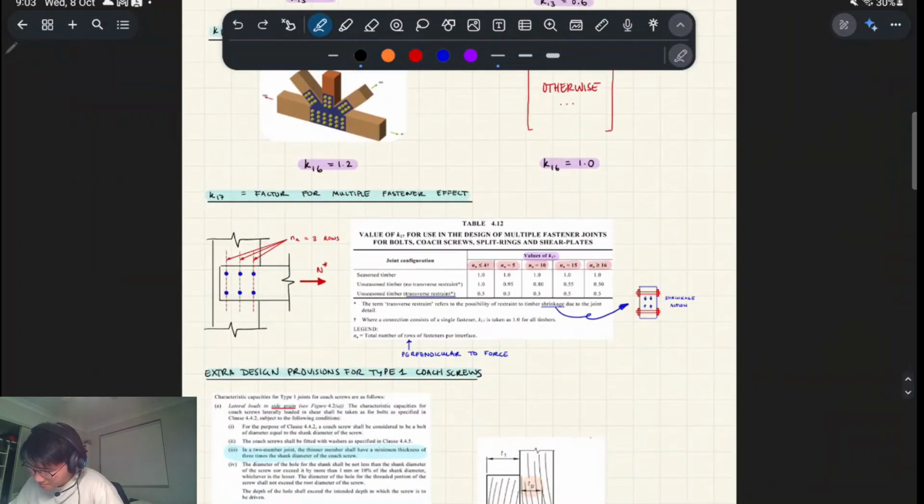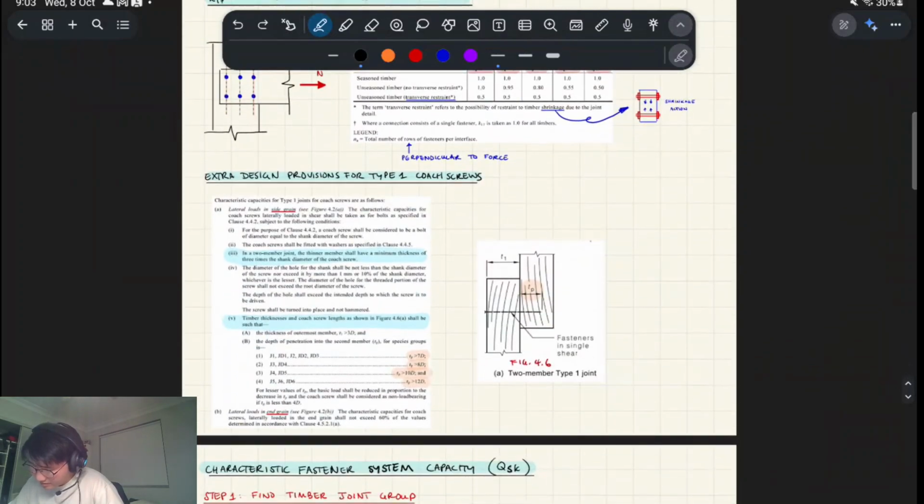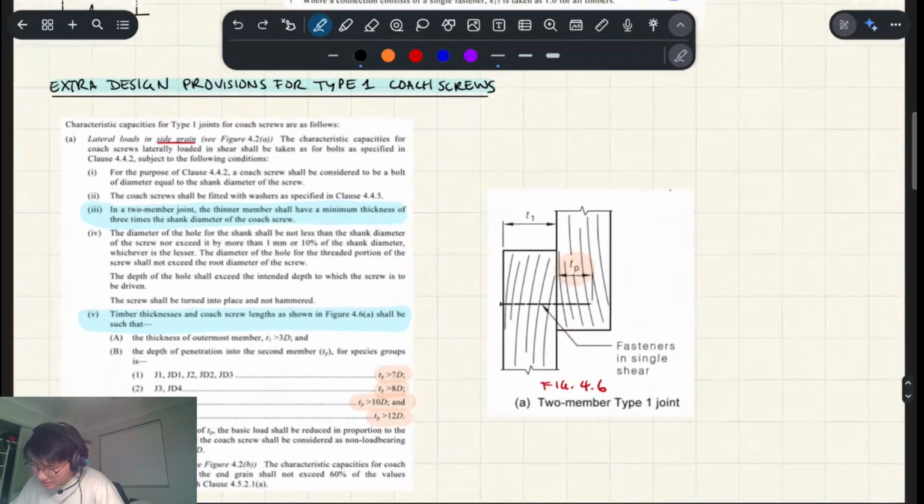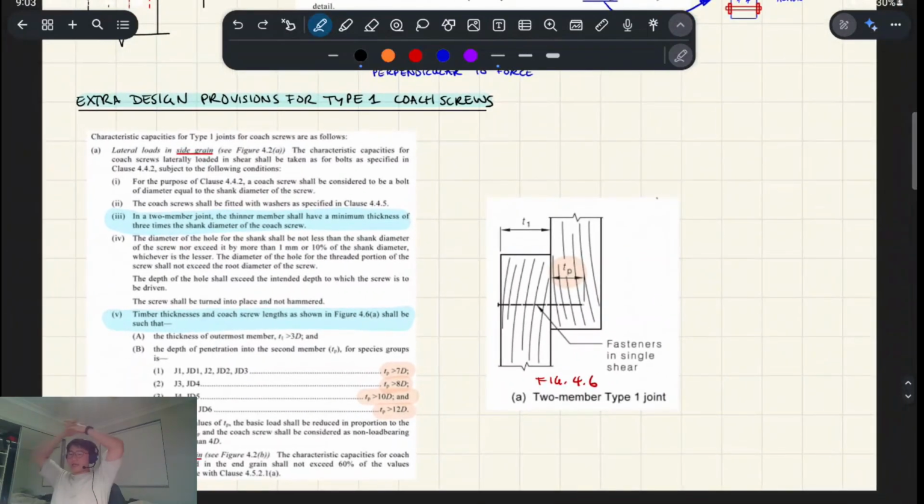We also have additional design provisions. I don't really think they'll come up in this course, but they're extra considerations you should think about when designing in the wild, because there are a few things you should know before using coach screws.